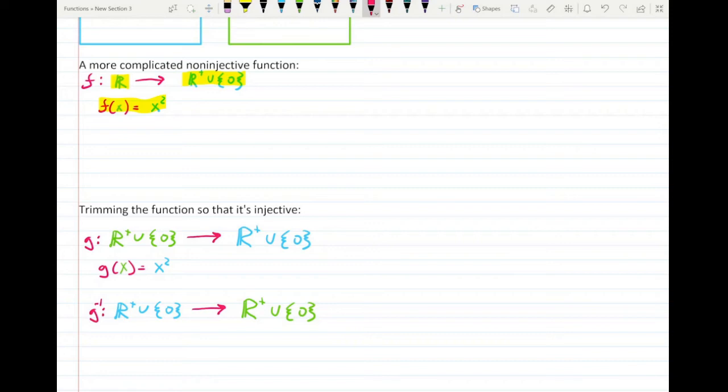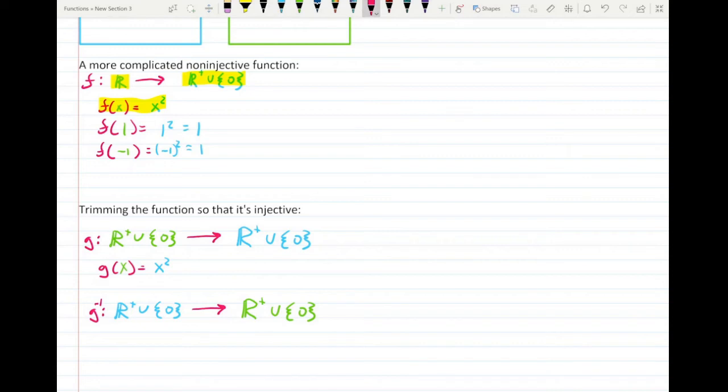The easiest example of that is if we plug in x equals 1, we get f of 1 equals 1 squared, which equals 1. But if we plug in f of negative 1, we get the same thing, right? Minus 1 all squared is also equal to 1.